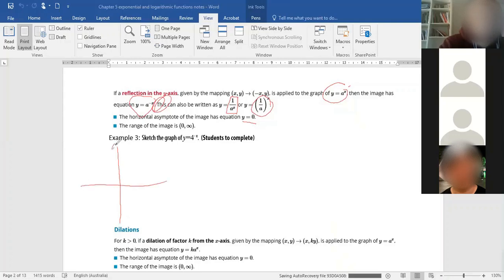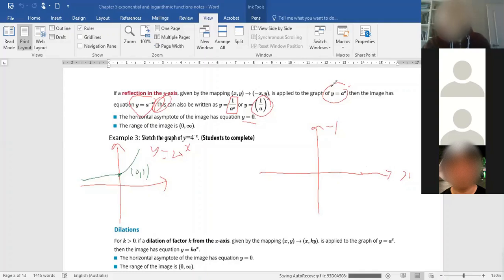This is the original, y equals 4 to the power of x. This would look like this, crossing at 0, 1. But when you do the other one, I'll do it in blue, and it's reflected in the y-axis, we're going to get something like this.